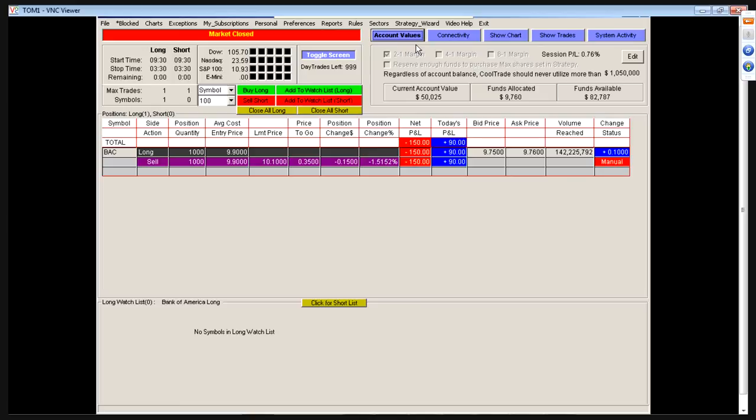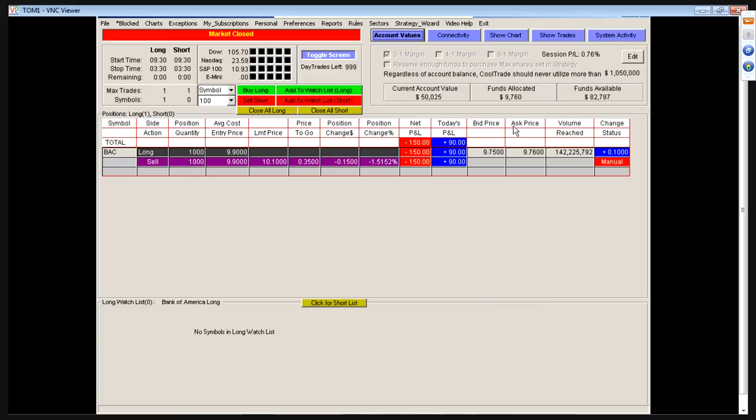And there's actually a huge benefit to not sending the order to the broker. If you send a limit order to the broker, as soon as it hits your goal price, like $10.10 here, it's immediately going to sell at the broker. But since we didn't submit the order to the broker, the advantage we have is after it reaches the limit price, on the right-hand side there's a column called Reached.